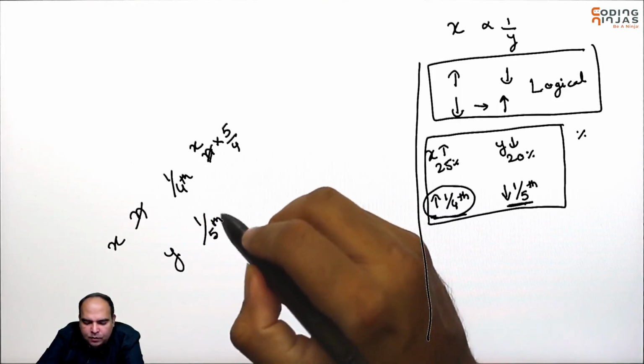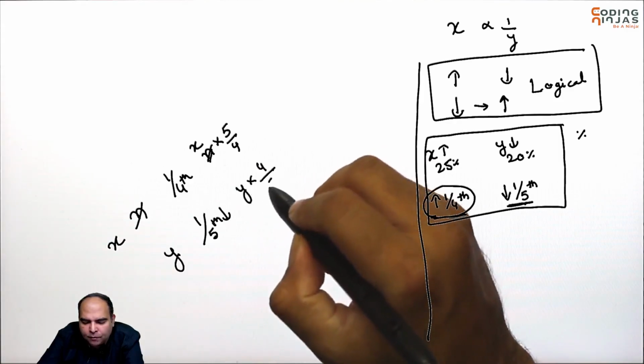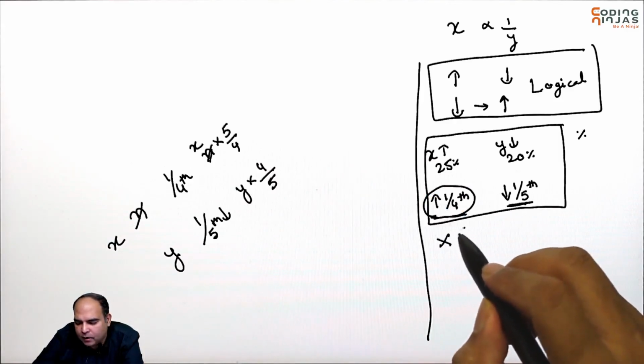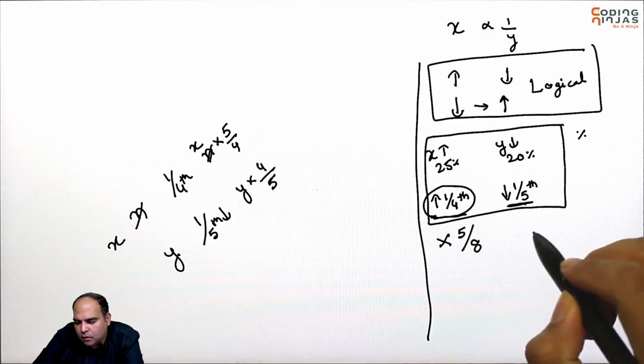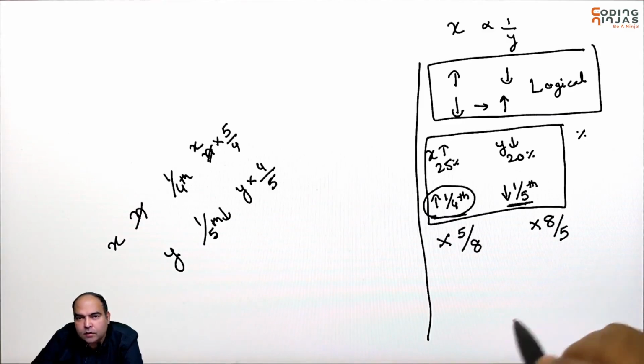So if y is reducing by 1/5, reducing a number by 1/5 means multiplying by 4/5. So whatever you multiply x by, the reciprocal of that will be the multiplier for y in such situations.